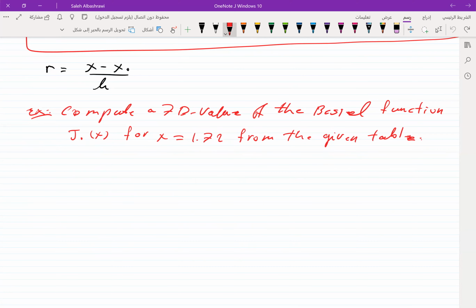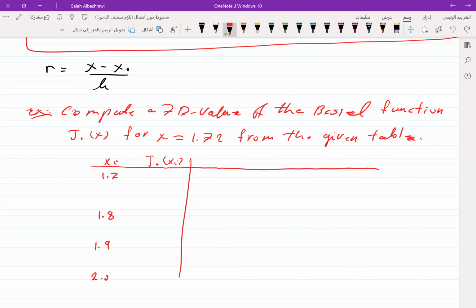As we have x_i equal to 1.7, 1.8, 1.9, and 2.0. And J_0 at x_i is given by 0.3979849 for 1.7.